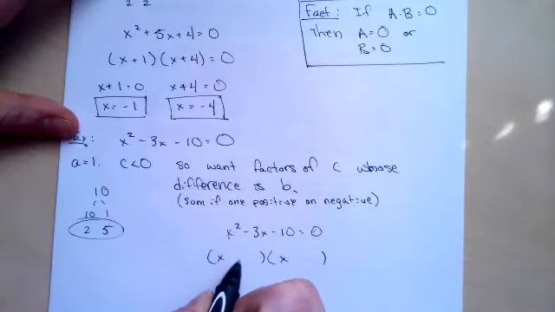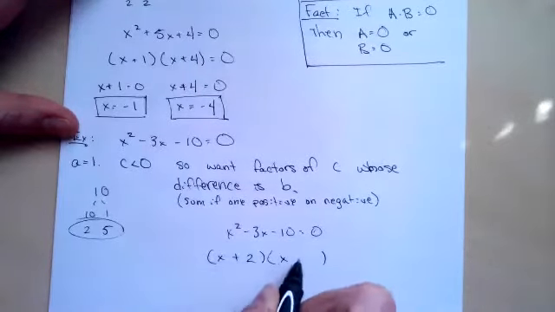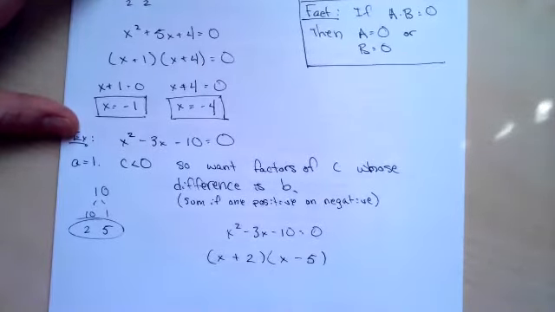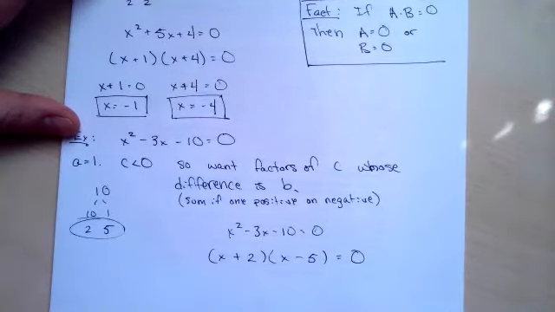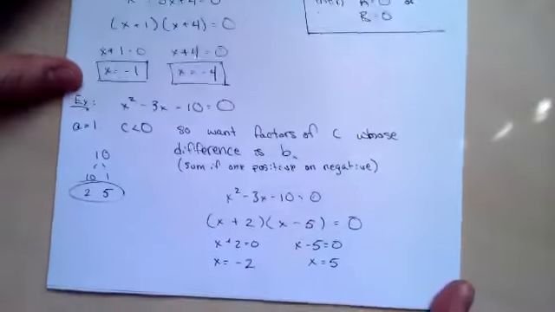I want the 5 negative, so I'm going to have a +2 and a -5. That's that, factoring. And then, of course, we'll get x plus 2 equals 0, x minus 5 equals 0, and x equals 5, x equals -2.